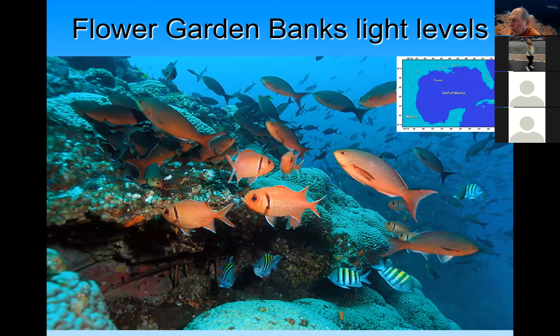To do that, I placed the same kind of light measuring instrument on an oil platform. The oil platform is at 0 meters, so I0, and I measured the incoming light. This is light in the photosynthetically active radiation, the PAR range, from approximately 350 to approximately 700 nanometers. So that's the PAR light.